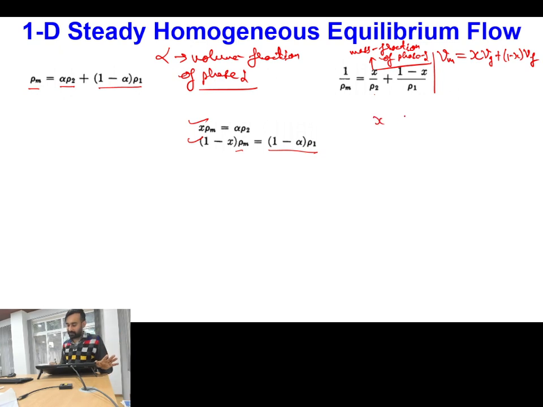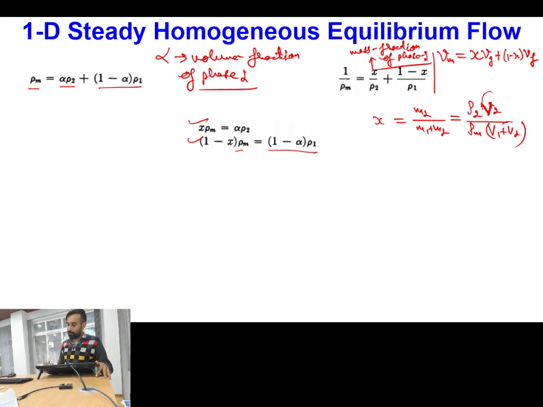What is x? x is nothing but the mass fraction, so it will be m2 divided by m1 plus m2. m2 can be written as density of phase 2 into volume of phase 2, V2, not specific volume, divided by the mixture mass, which can be written as mixture density into total volume V1 plus V2.